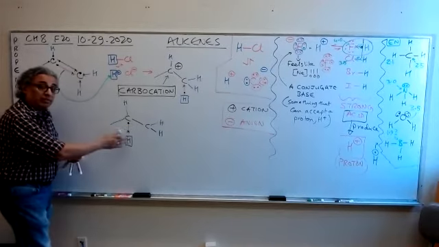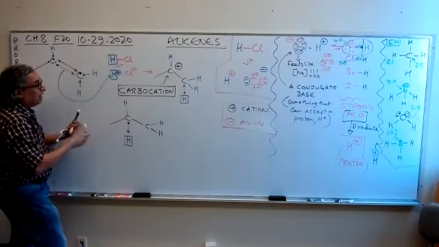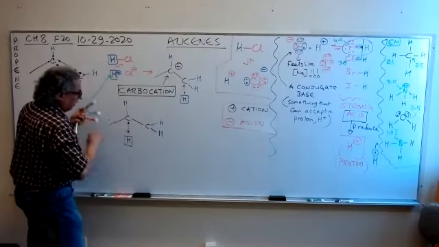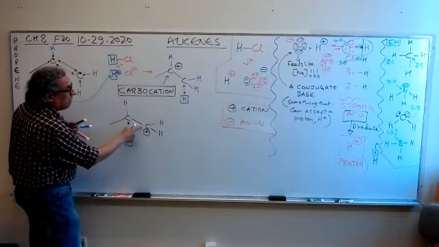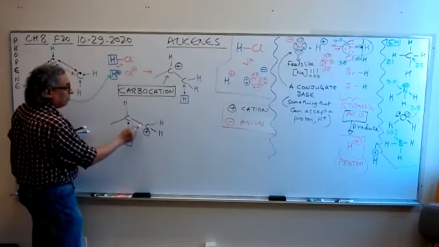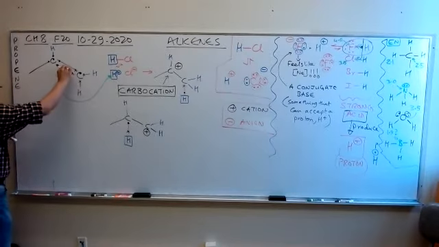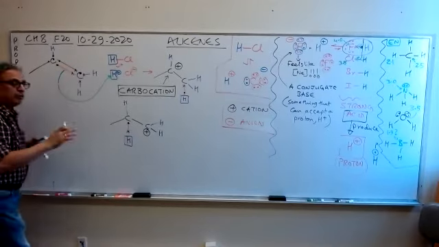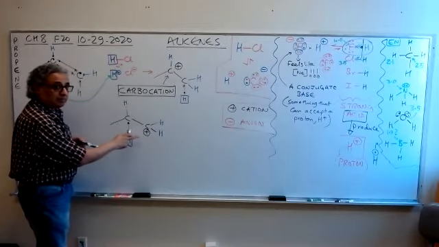Now, who got the short end of the stick? Well, this poor guy. This poor guy is now a carbocation because it has been deprived of electrons. It's supposed to have 4 electrons, 1, 2, 3, and 4, but you took that pi bond away, so this guy is positively charged.